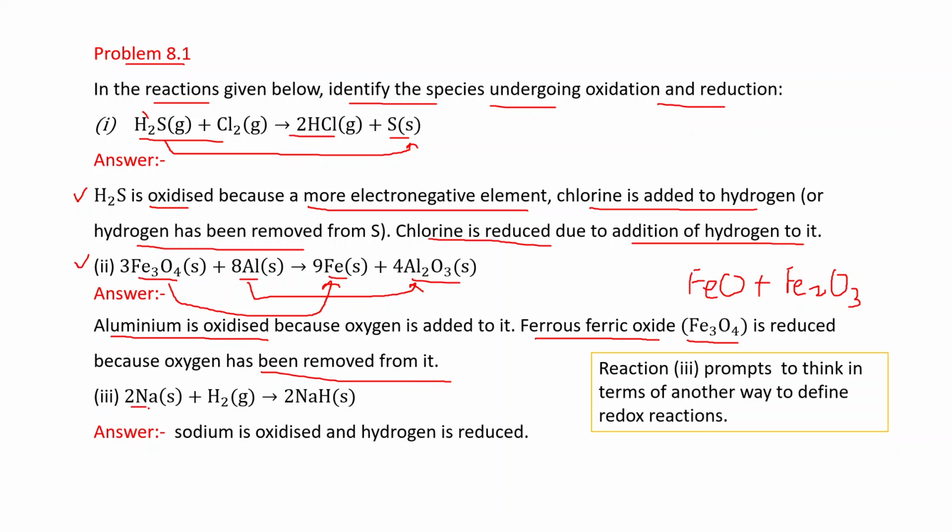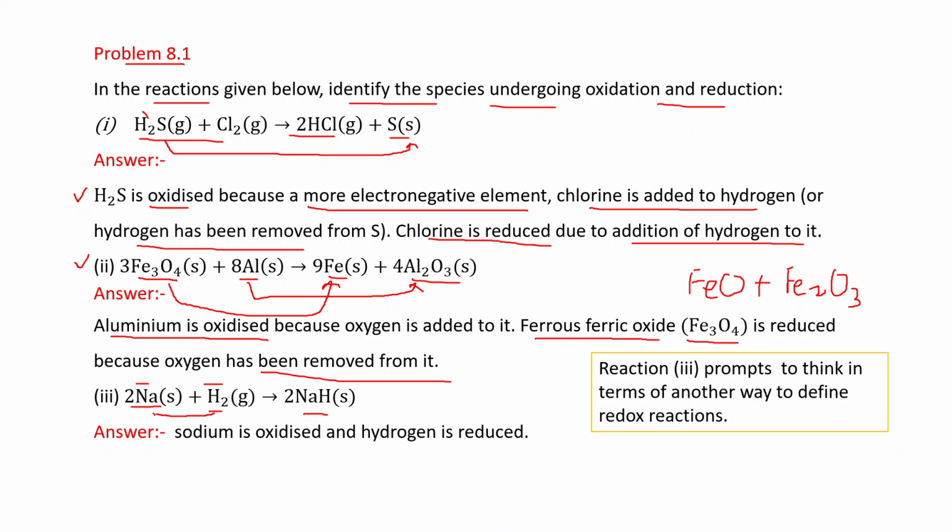Now Na plus H2 converting into NaH. In this reaction it is very difficult to find out which is oxidized and which is reduced, but if we carefully examine the electronegativity of the elements, then we can find out. Sodium is an electropositive element and hydrogen is an electronegative element.